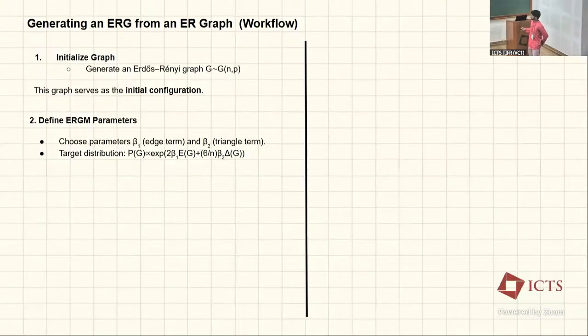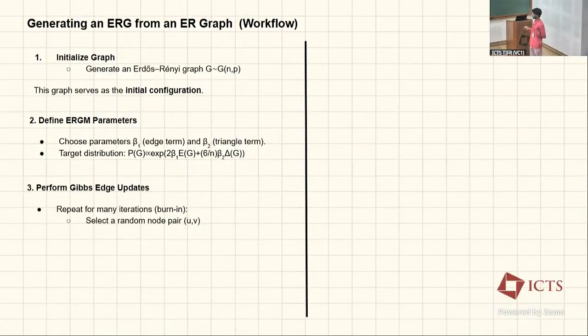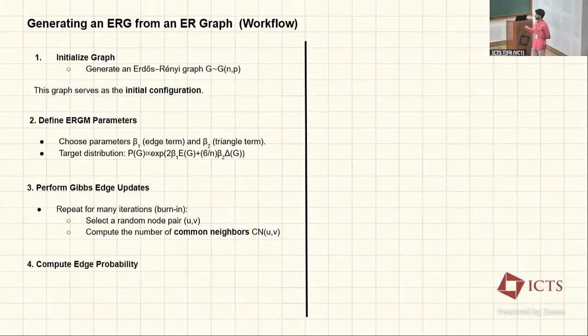Yes, so of course, as I was saying, that normalizing constant is very hard to compute, so we have to find a workaround. What we're going to do is something called a Gibbs update. We select a pair of nodes u, v, and then we compute their number of common neighbors, and then we can compute the edge probability.